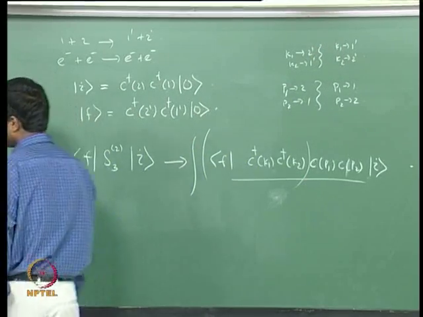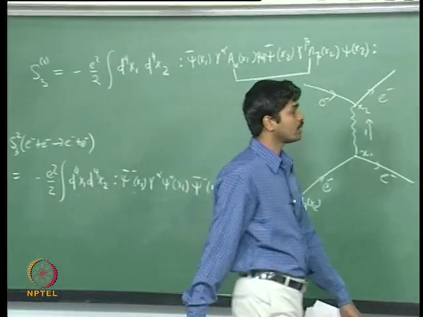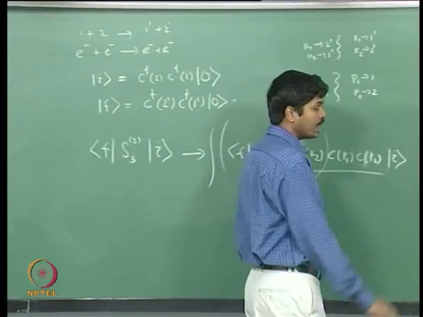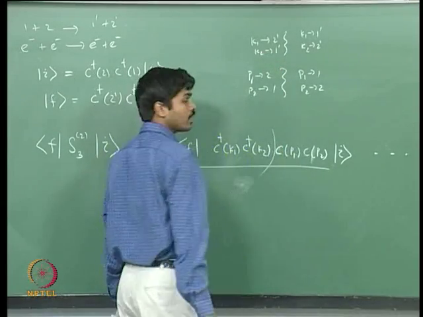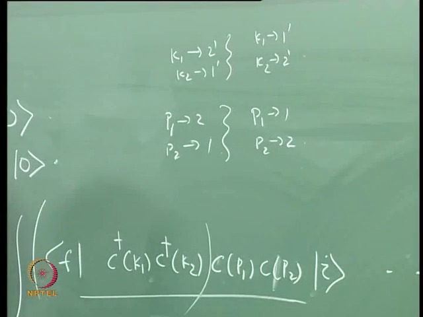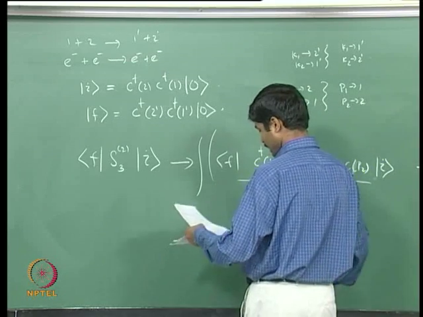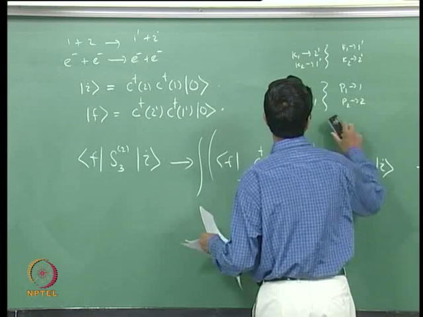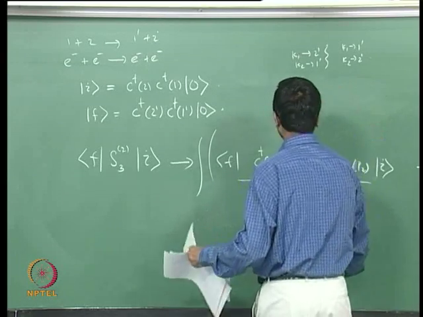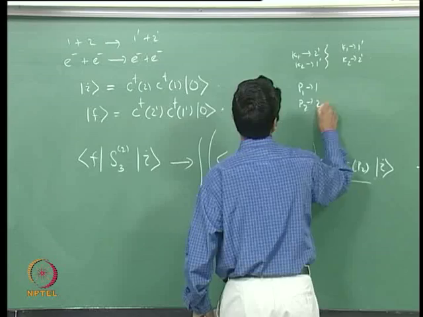However, you note that there is this integration over d4x1 d4x2. So when you change the variable x1 to x2, you will see that out of these 4 terms, 2 of them will be equal to each other. So there will be 2 remaining terms here, which I will call p1 going to 1, p2 going to 2, and then this.